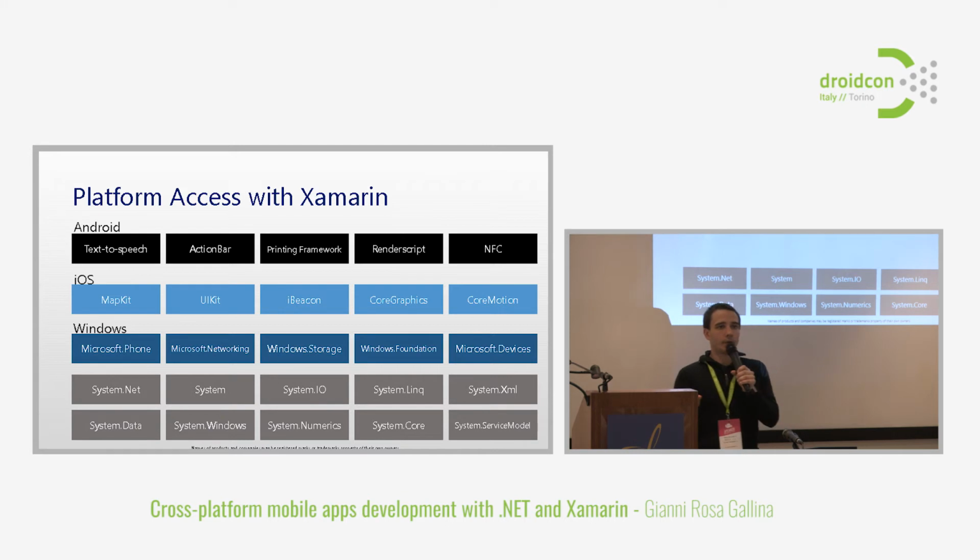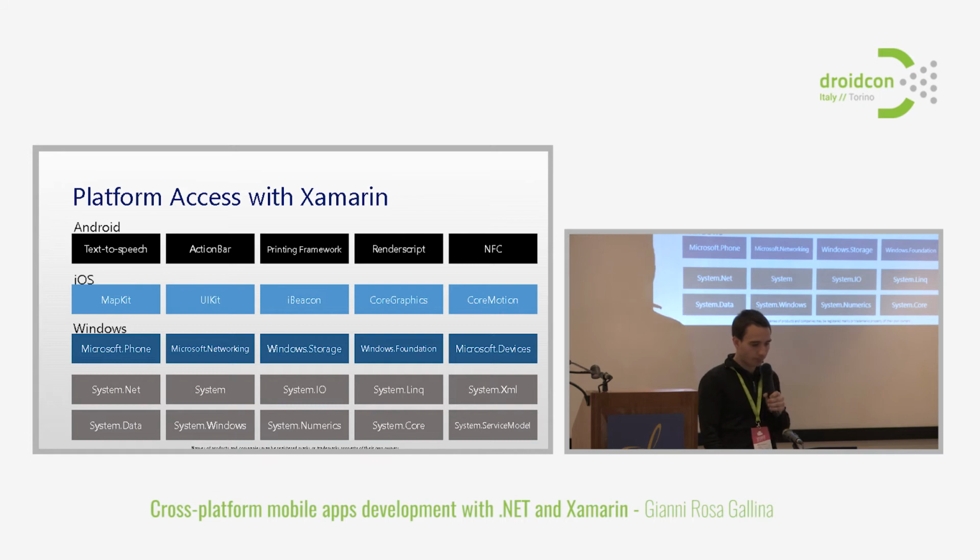So you write C# code with objects that are C#, and then they are translated back to native components behind the scenes when the application runs. This way we can obtain native performance, because effectively, apart from writing C# and .NET, everything is translated to native components and runs as if it were written in Java or Swift or Objective-C.